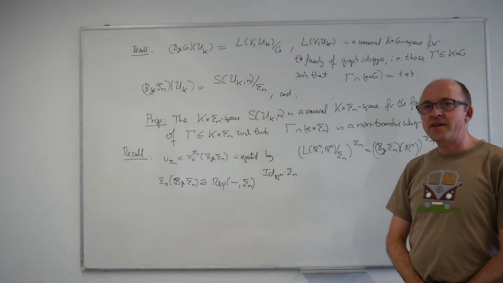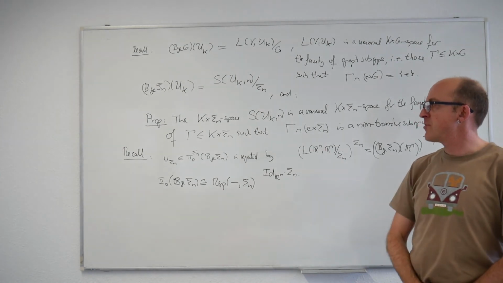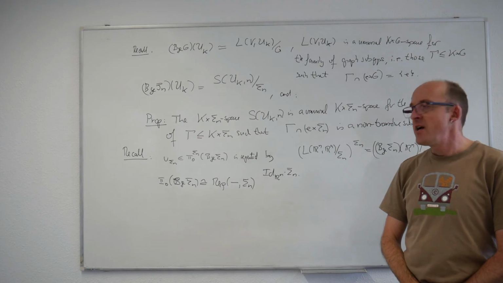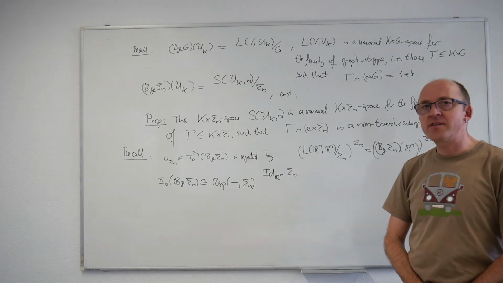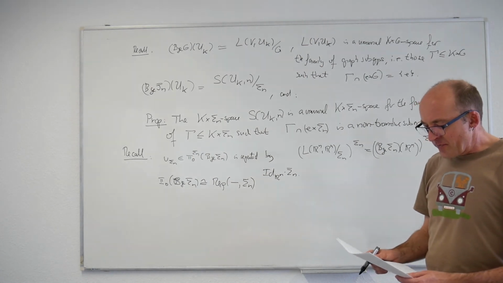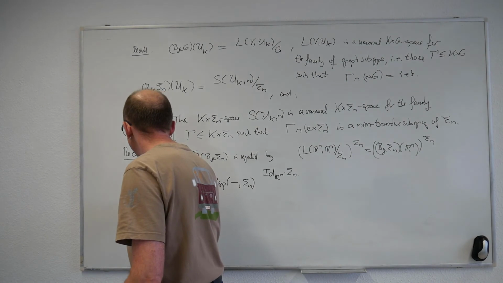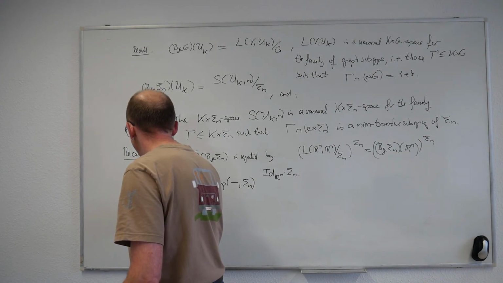The global classifying space of the family of non-transitive subgroups has a somewhat analogous property. There's also a special class which generates the Rep-functor, but in this situation it's not going to be freely generated. So here's a construction.